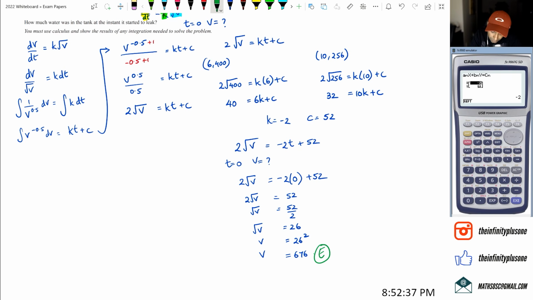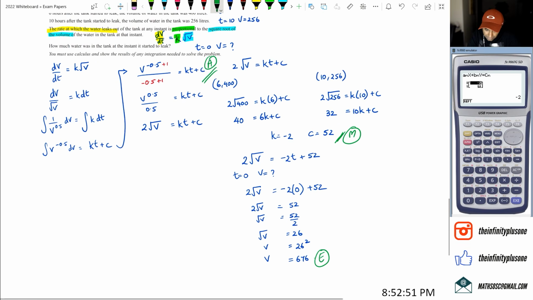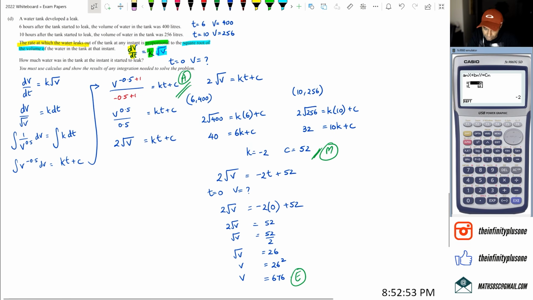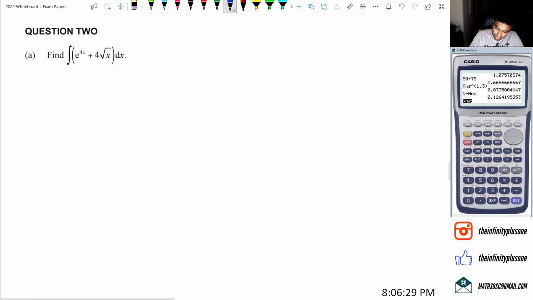So you'd have to probably get somewhere here to get to achieved. Merit is getting up to this part here. So yeah, that is pretty much this question.